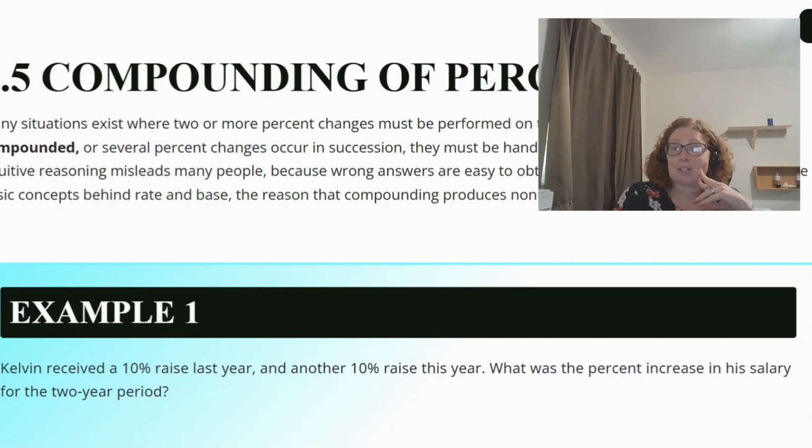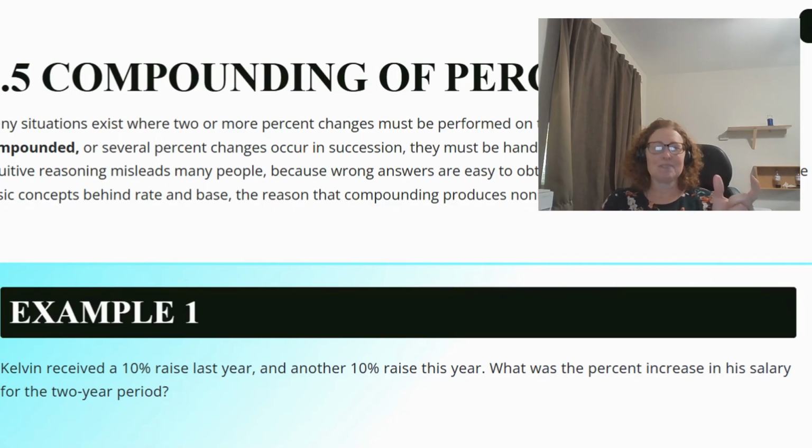Well, I would say 20%, right? We can't do that, unfortunately, because what we're looking at is the fact that the bases are changing. If he made a certain amount last year and he added 10% on that, then we're originally talking about this number.